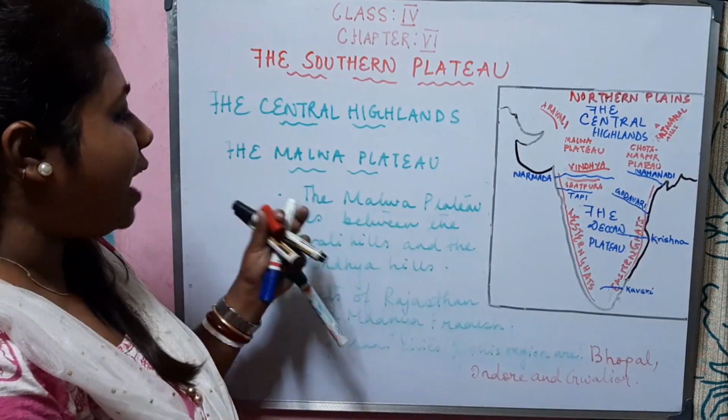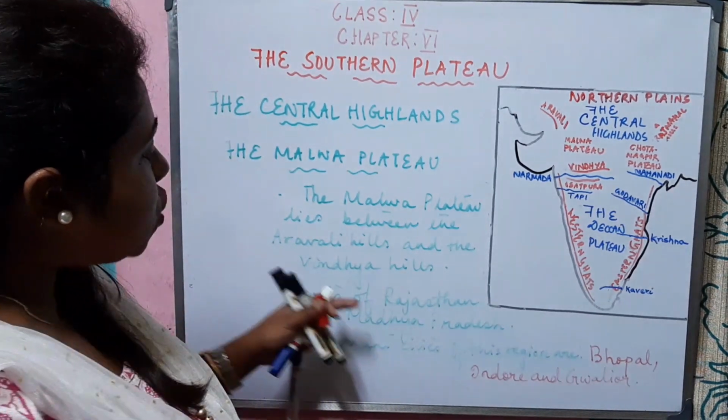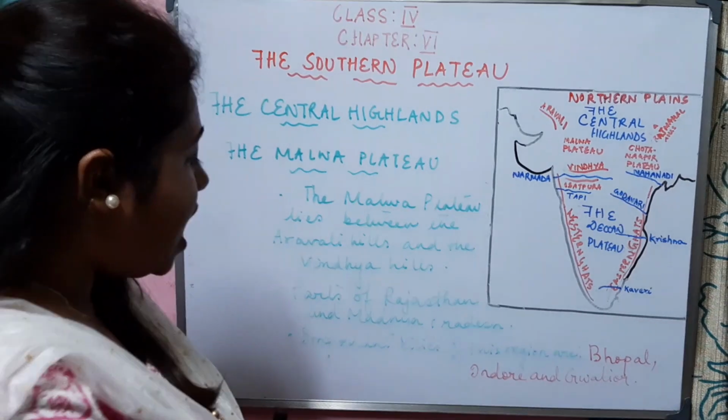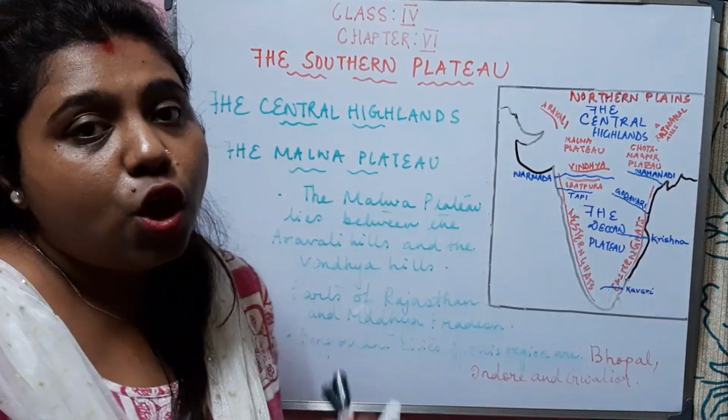So the Malwa Plateau lies between the Aravali Hills and the Vindhya Hills. It includes parts of Rajasthan and Madhya Pradesh, and the important cities of this region are Bhopal, Indore and Gwalior.